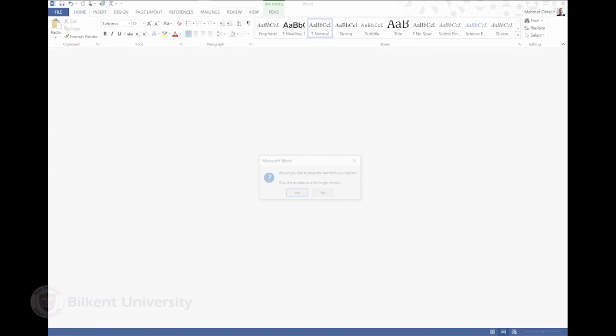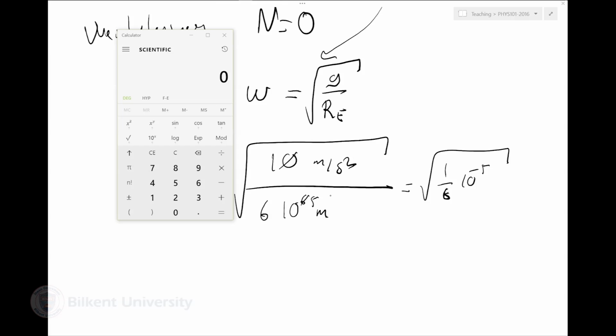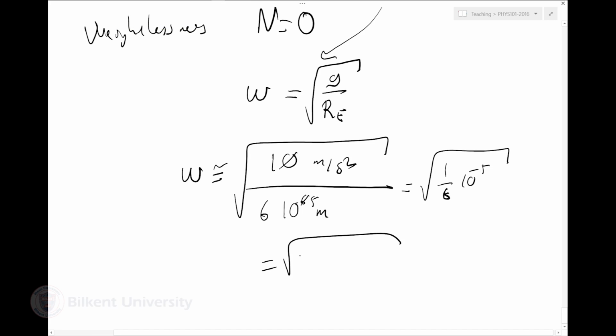I basically want to divide 10 divided by 6, which is 1.67, 10 to the minus 6.